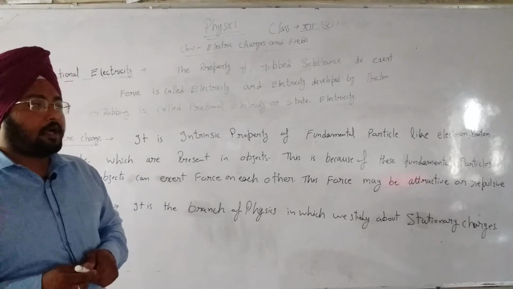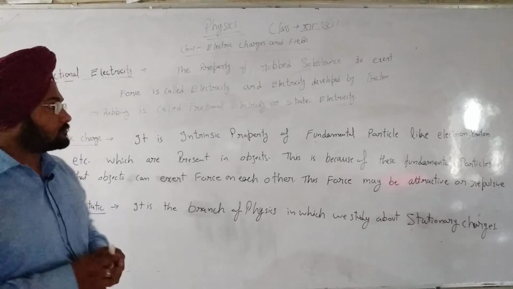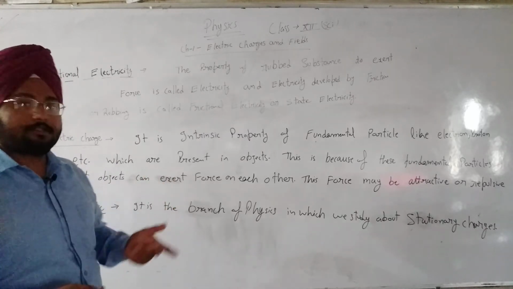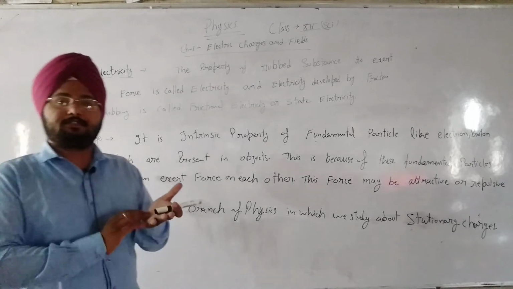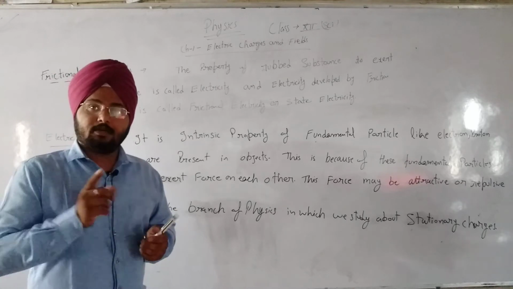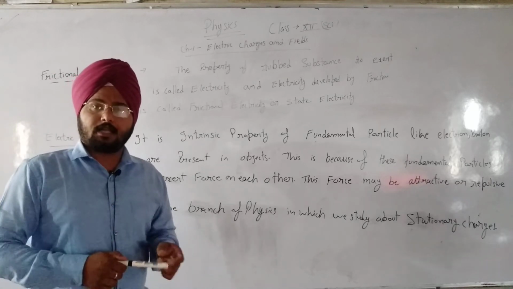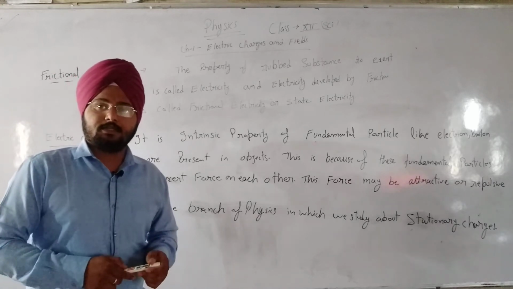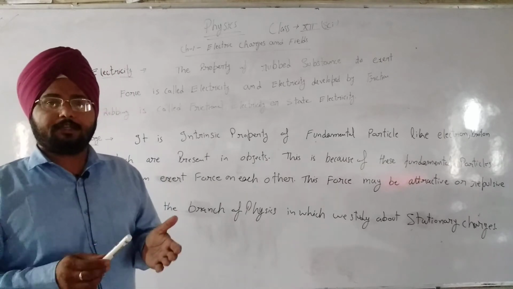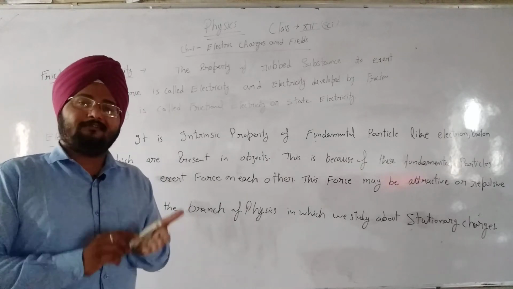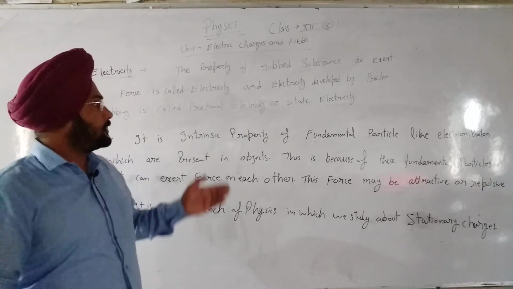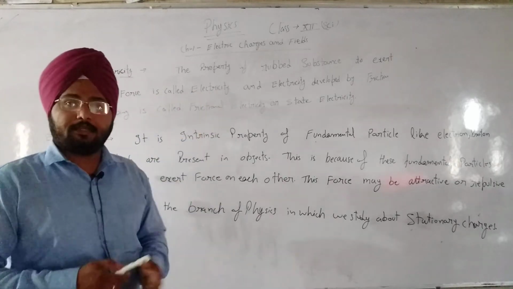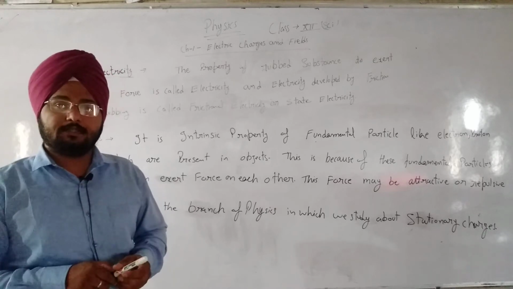Now suppose we have any glass object, a rod of glass, and we rub it with a silk cloth. Then what will happen? After rubbing, as we know, some property is produced in that object.